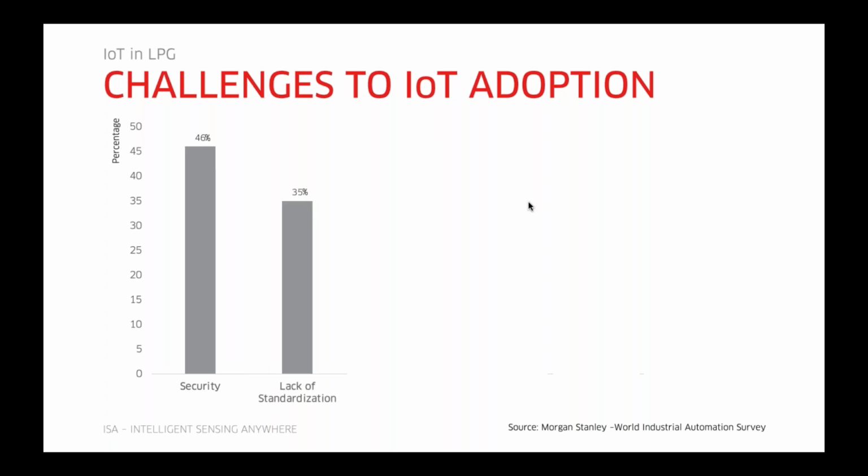Second is lack of standardization. When you talk about IoT, it's dozens, thousands, maybe millions of devices and brands. We were talking today about CES, the biggest global show of consumer devices, in Vegas in January every year.